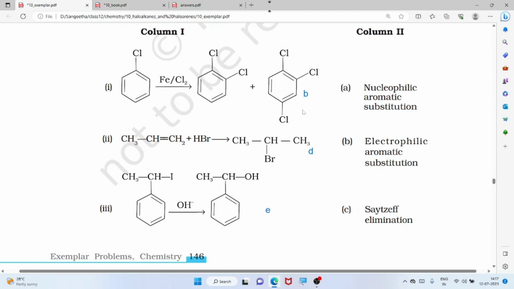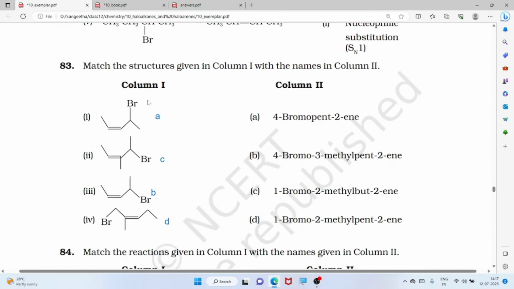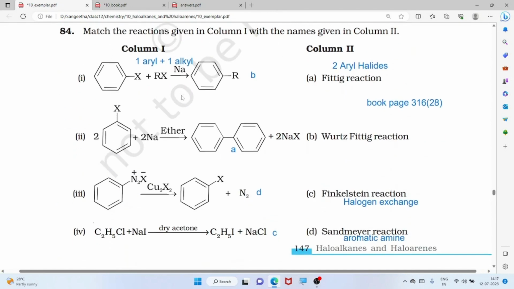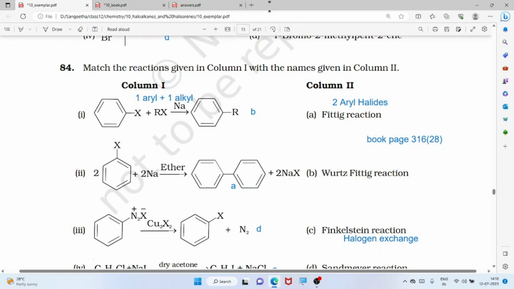So you can go through this reaction. These answers you can go through. Okay. So this is the Fittig reaction, which means two aryl halides.